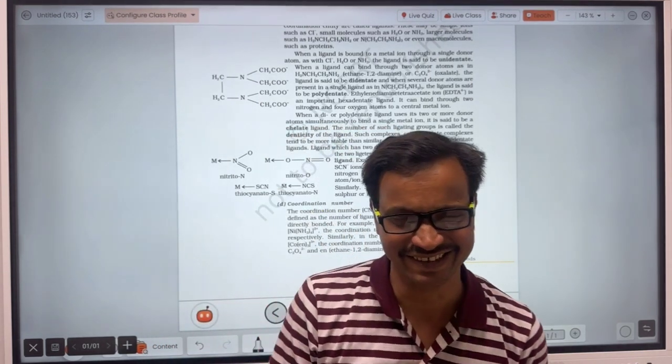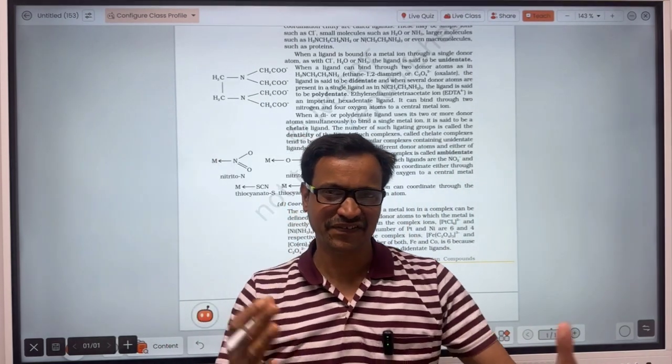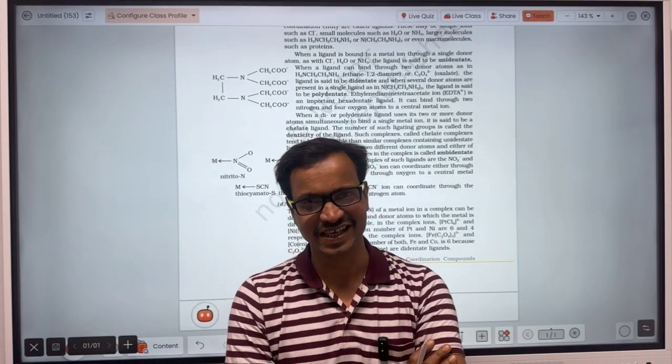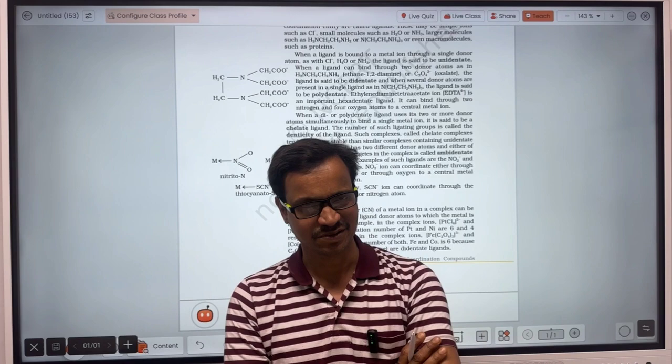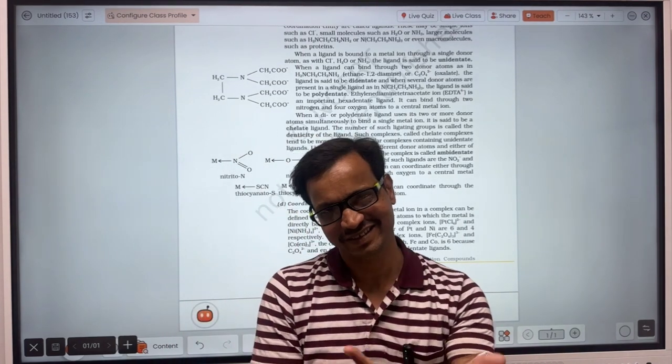No need to mug this up. Obviously, if in the coordination compound there are only unidentate ligands, their coordination number will be that much.